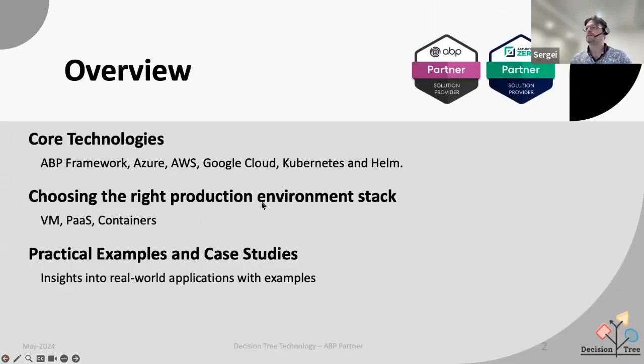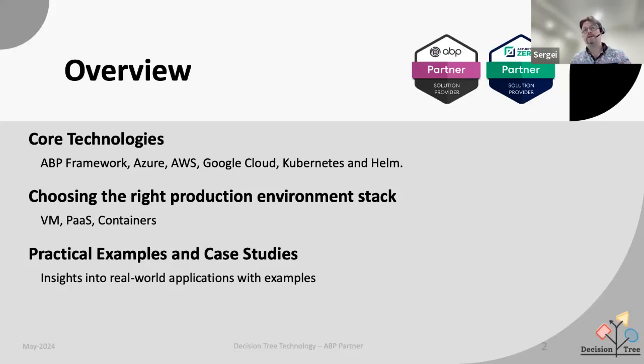Apologies for that. As you probably know, ABP framework is a cloud-friendly application development framework, and it can be deployed on various cloud services, including Microsoft Azure, Amazon AWS, and Google Cloud.